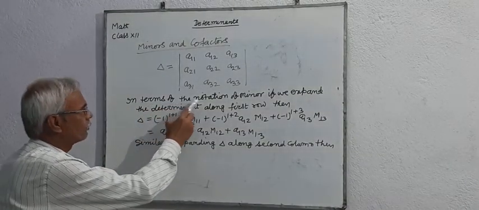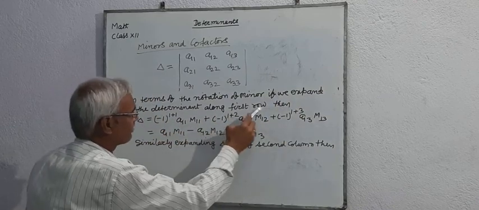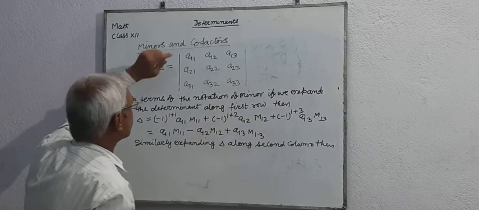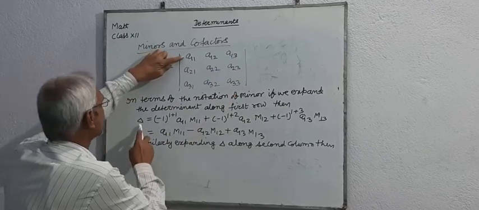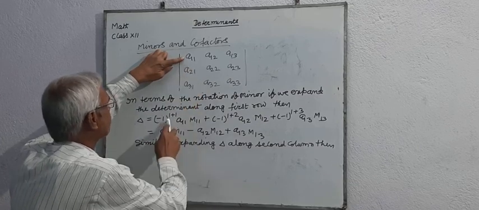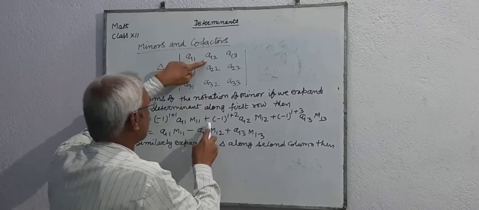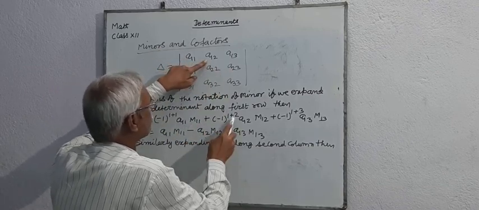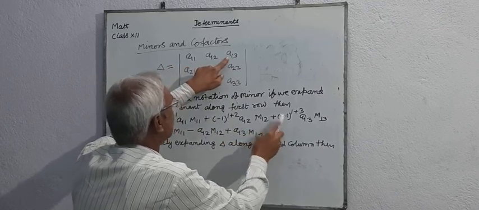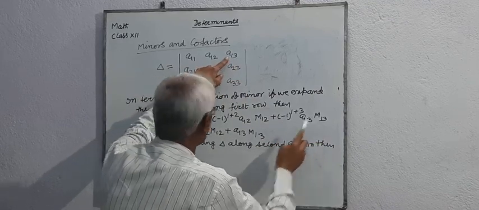In terms of the notation of minor, if we expand the determinant along the first row, the determinant equals minus 1 to the power 1 plus 1 a11 into M11, plus minus 1 to the power 1 plus 2 a12 into M12, plus minus 1 to the power 1 plus 3 a13 M13.